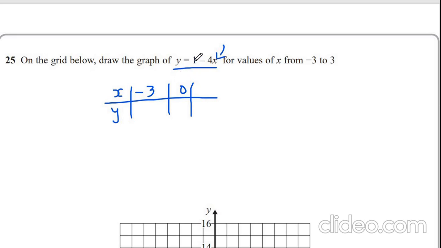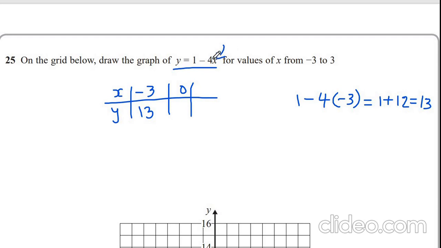Then what do we get? 1 minus 4 times -3. So that is 1 plus 12. 2 negatives become positive, and that is 13. So our y value is 13 when x is -3.